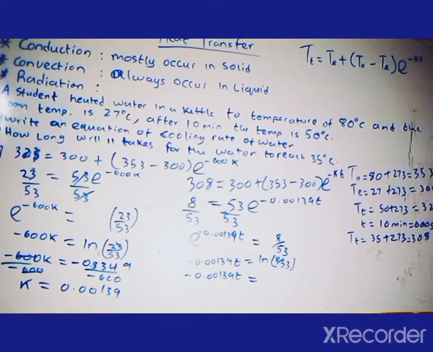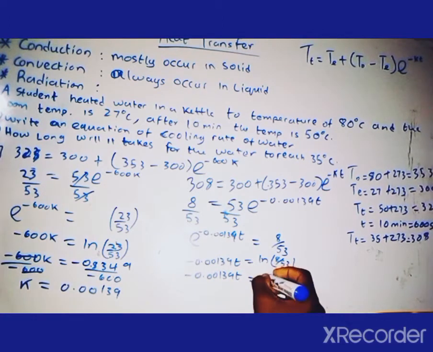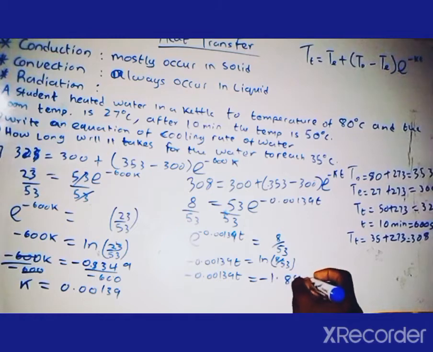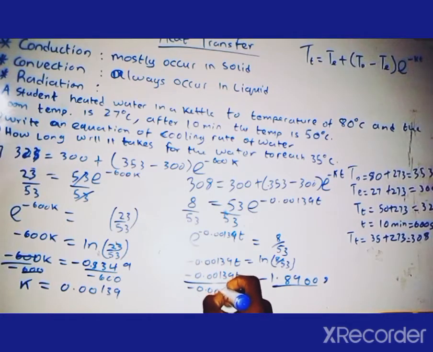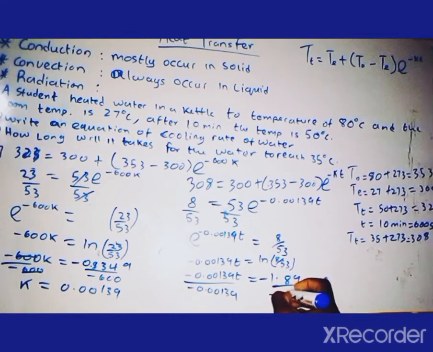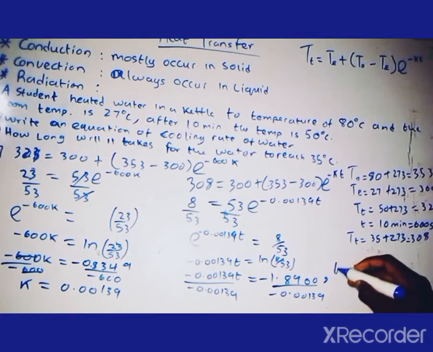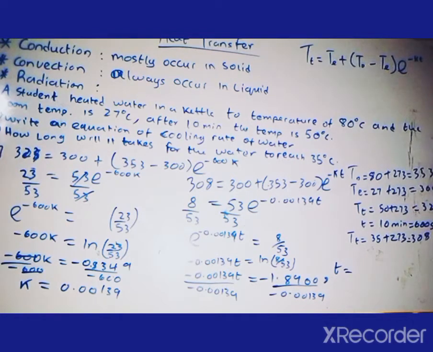Pressing this into your calculator, 8 over 53, you have minus 1.8908. So dividing both sides by minus 0.00139, our t will now be minus 1.8908 divided by minus 0.00139.